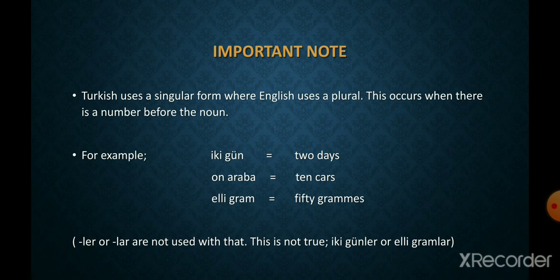The meaning of iki gün is 2 days. However, iki gün is not plural. It is singular. Gün, not without ler. 10 araba, not 10 arabalar. 50 gram, not 50 gramlar.